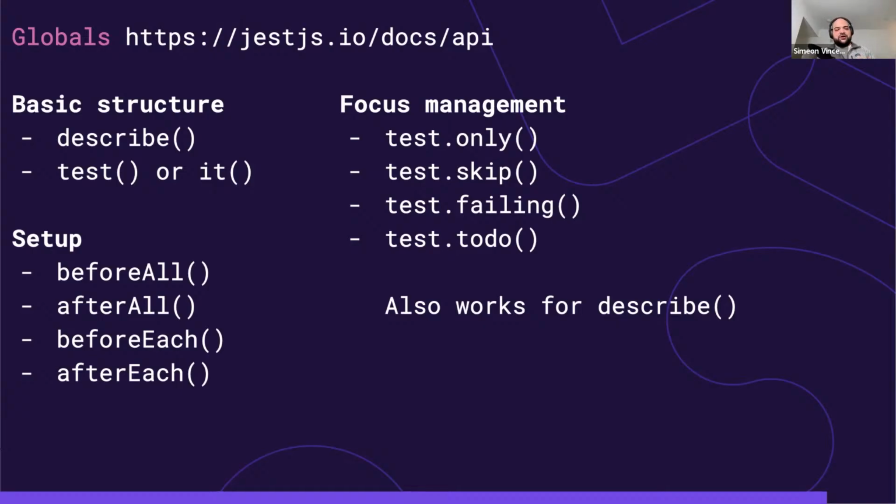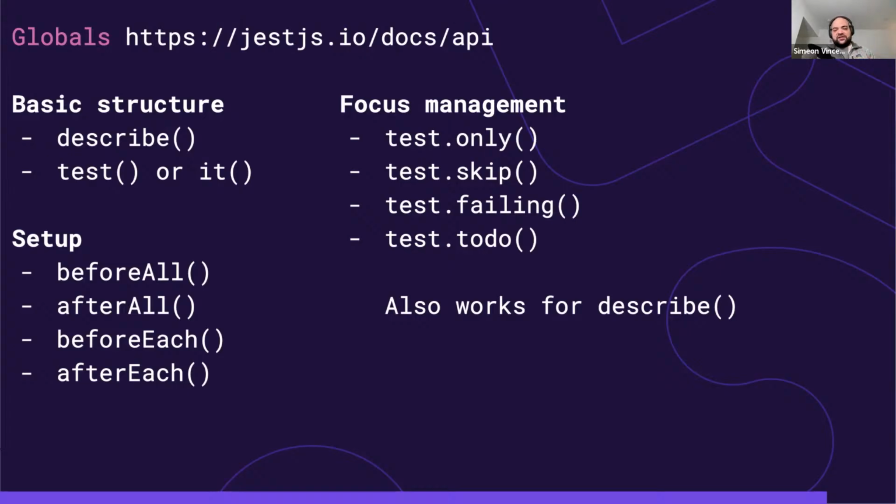You say, I'm going to need this object, and I'm going to reuse it across a variety of tests, but it doesn't matter outside of this test suite. So after all of the tests in this test suite are executed, perform some cleanup. That way it doesn't interfere with other tests that are going to execute later. And similarly, before each and after each allow you to prepare each individual test with a clean environment or a clean set of mocks.